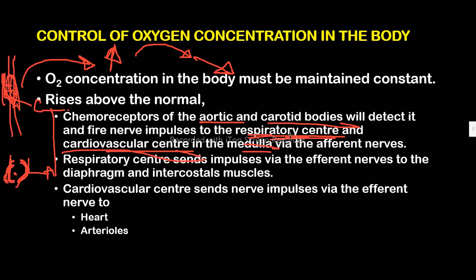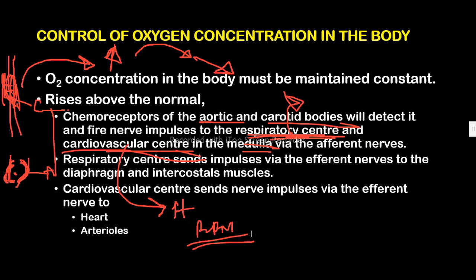The respiratory center is responsible for breathing in and out, but the cardiovascular center is responsible for increasing the heart rate, so the heart pumps at a high rate so that you increase the cardiac output and the beats per minute.